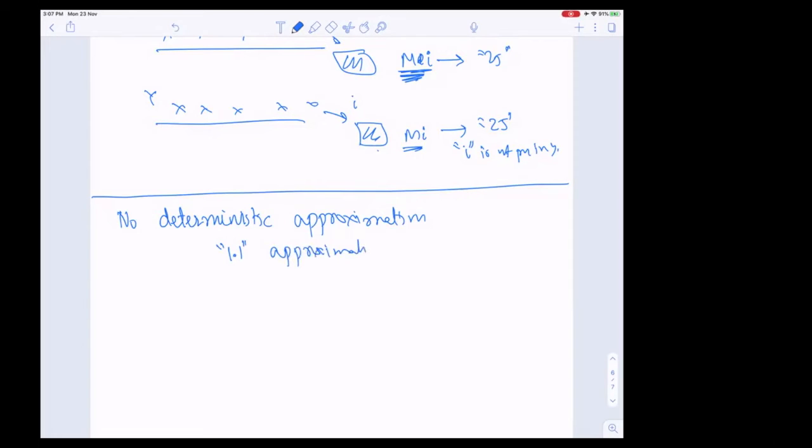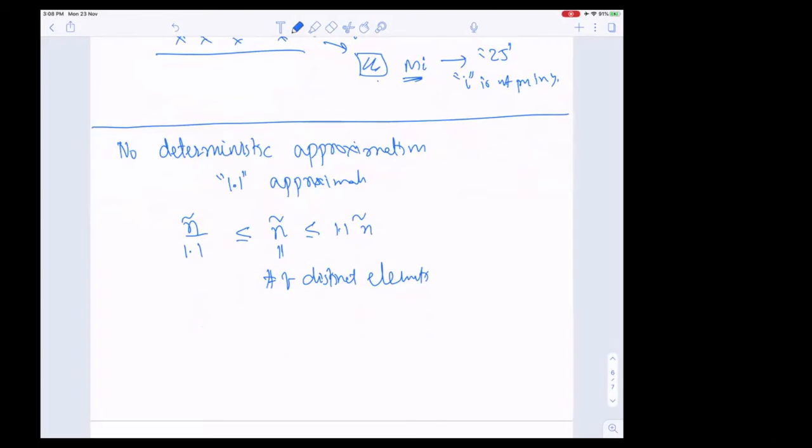What I mean by this is, suppose n tilde is the number of distinct elements, you return me some number within this range, and I'm very happy. Now I'm interested in a deterministic algorithm.